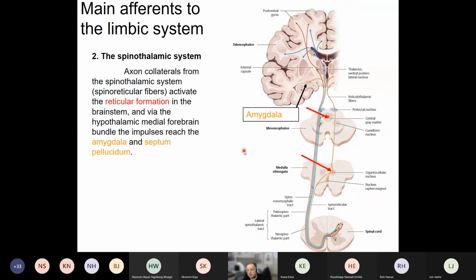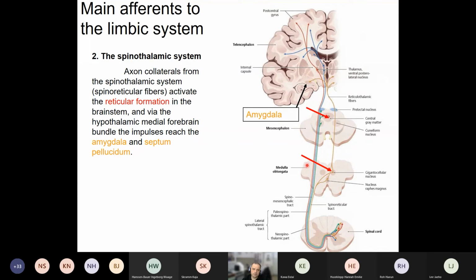Or the other way around, if somebody is touching you and you don't want that, and it's a person you don't even know, that evokes anger and really strong aggressive emotions in you, which is also very common. So this shows the connection between the spinothalamic system and the limbic system.